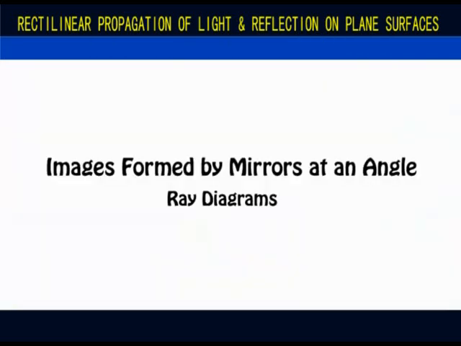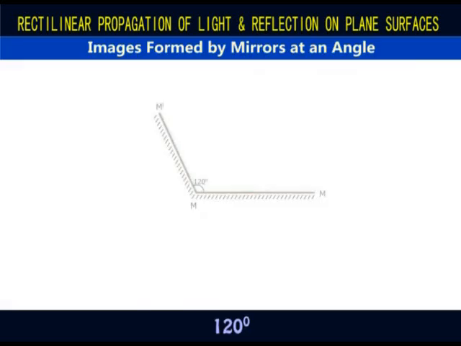Let's look at ray diagrams from mirrors at an angle. We start with image formation when an object is placed between 2 mirrors inclined at 120 degrees. So we have 2 mirrors MM and MM1 inclined at an angle of 120 degrees. An object O is placed in between the 2 mirrors.